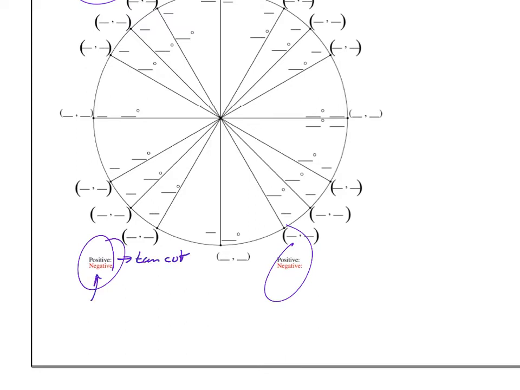Everything else would be negative. Over here, we've got positive and negative. Remember, it goes cosine, sine. So your cosine is positive, your sine is negative, and one is negative, so that means tangent's also negative, and their partners, the pairs that they match up with.